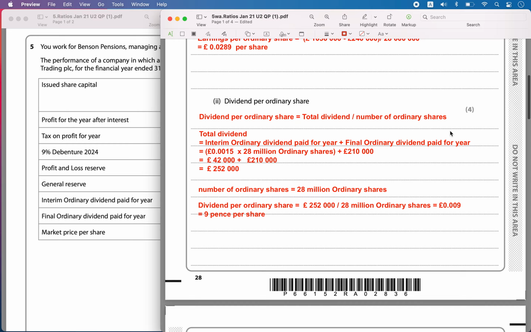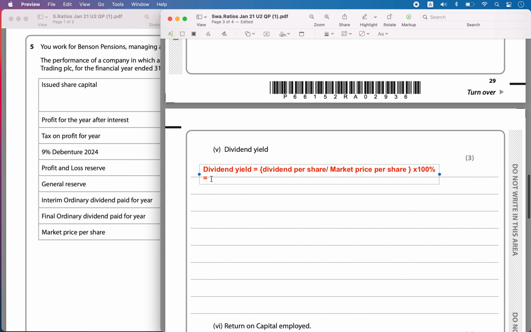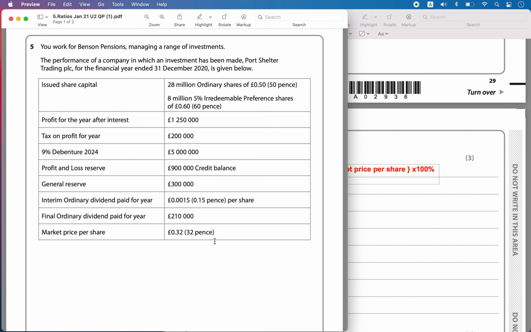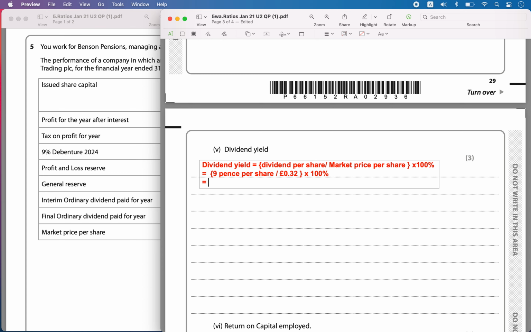What was the dividend per share? The dividend per share, ordinary share, was equal to 9 pence per share, divided by the market price. The market price was 0.32 pounds. 0.09 divided by 0.32 times 100.